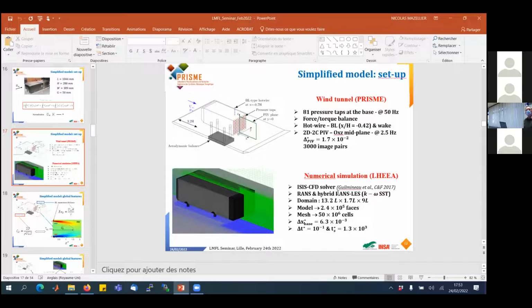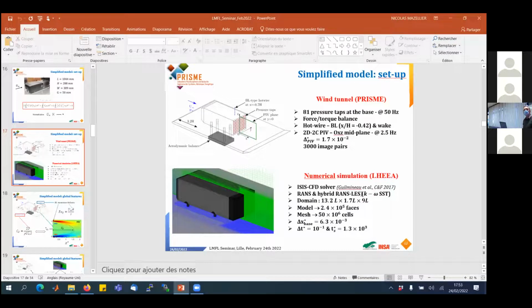And the hybrid simulation was initiated using the results coming from the RANS simulation to start from something which is not so stupid. But the main difference between both of them is the time history, because the RANS here was done without time history. We don't see any effect of the time for the RANS, to be honest, in that type of flow here.